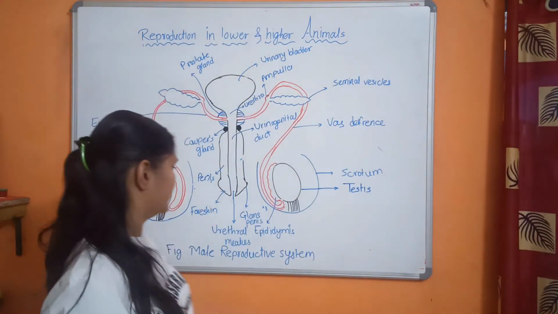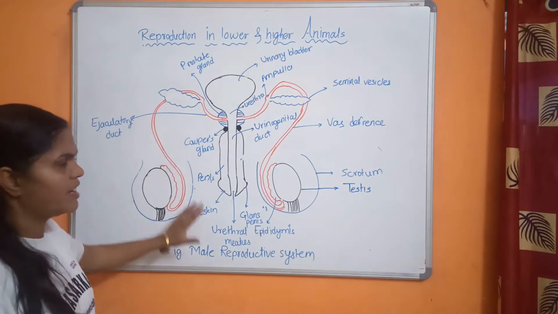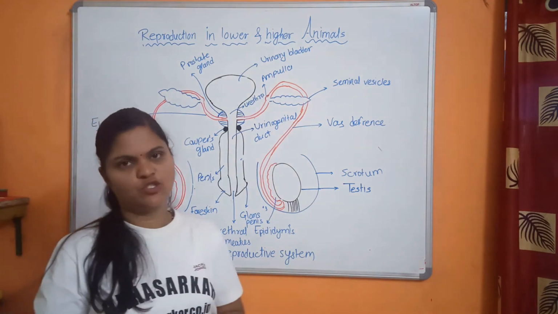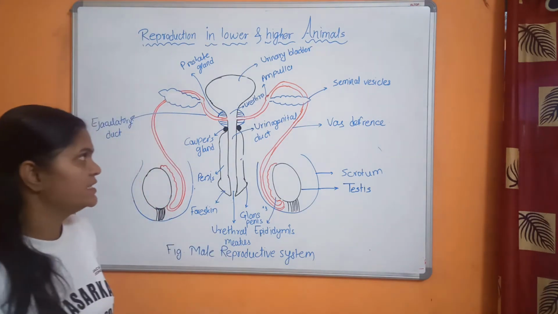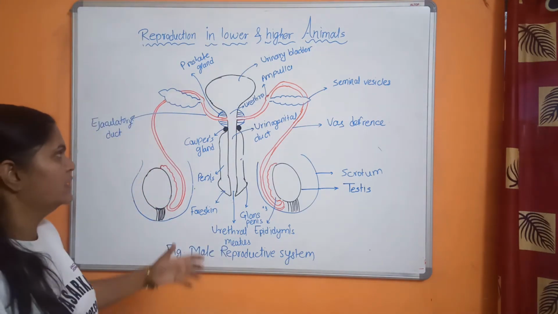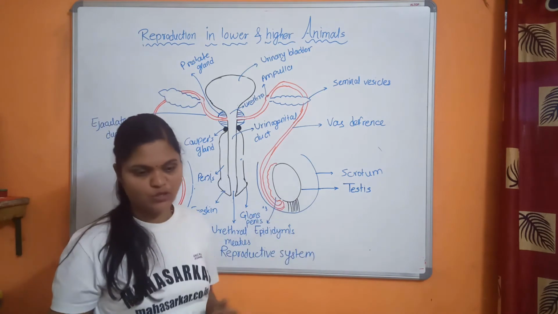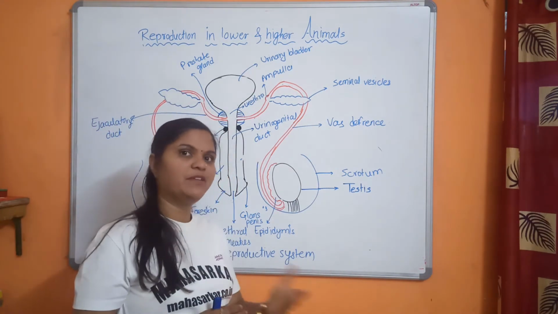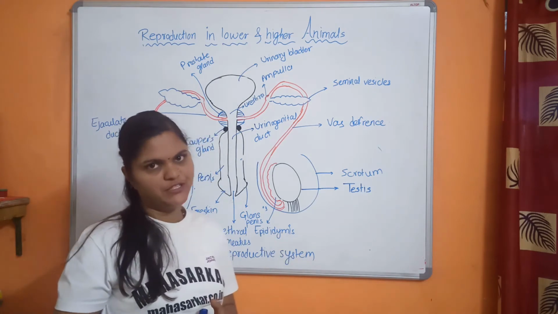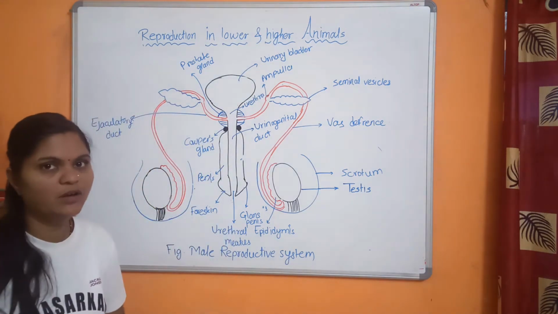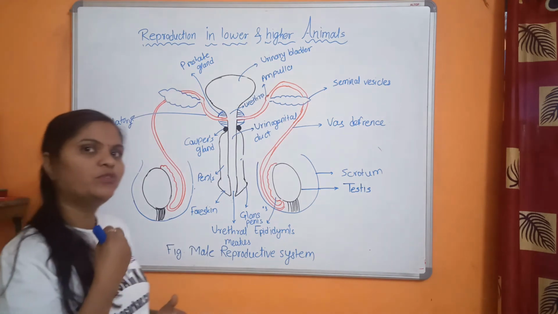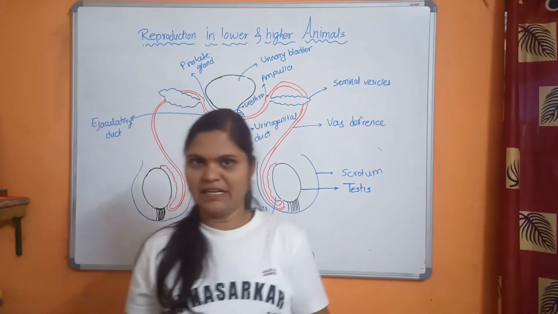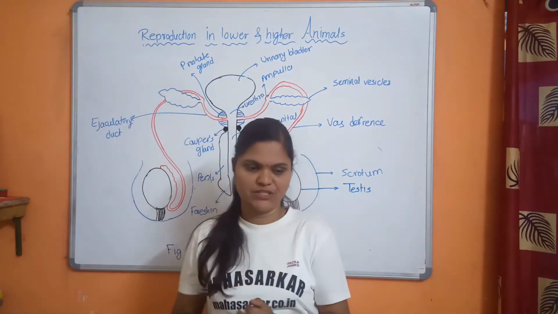Now we discuss in detail this diagram of the male reproductive system. Before that, we just saw the histology of testes, the LS of testes. In that we saw the seminiferous tubule, the structure of the seminiferous tubule, and in detail the histology, which types of tissues or cells are present in the testes.